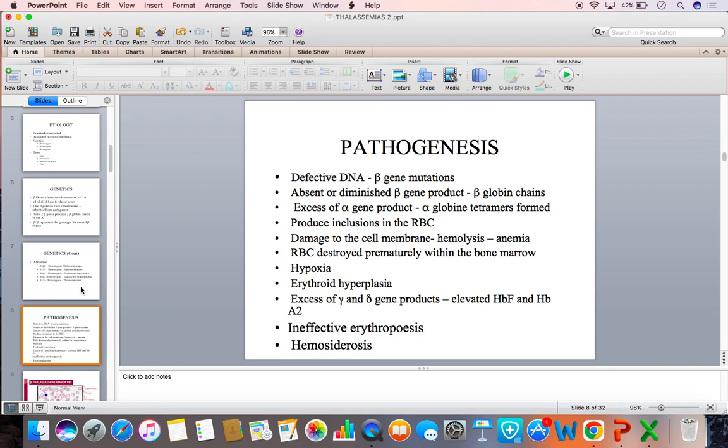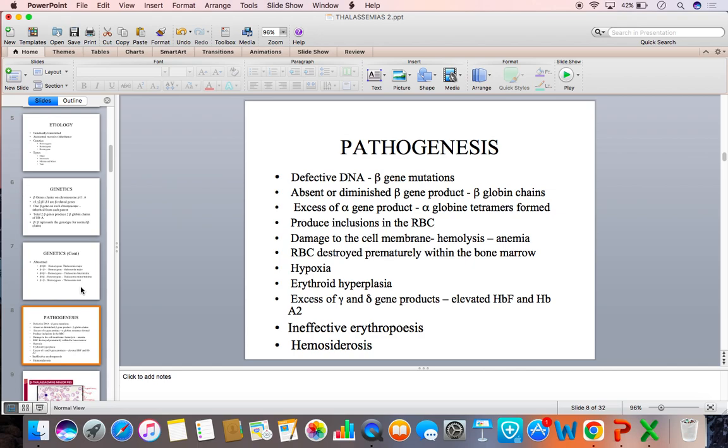DNA is clustered in the nucleus of the cell, forming the thread-like structures called chromosomes. Okay? A particular segment of the DNA is called a gene. The locus is the point on the chromosome where the gene is abnormal.